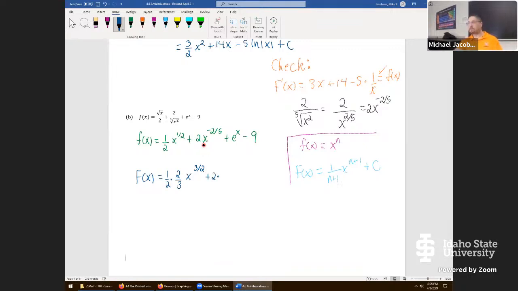Then we go down the line, rinse and repeat with the second term. Plus 2 times, and give it a little bit of space. We take a look at the exponent, and any volunteers for what the new exponent should be? Not quite. That would be if we were differentiating. We would subtract 5/5. Exactly. We're adding 5/5 to this one because we're going the opposite direction.